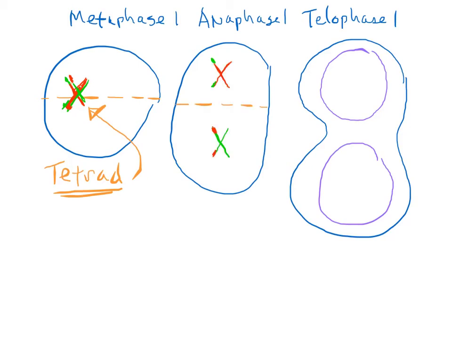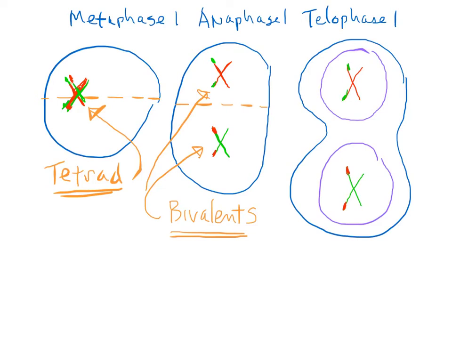So in anaphase 1, the tetrad separates, and you can see the red sister pair with the green add-ons is going one way, and the green sister pair with the red add-ons is going another way. They are now referred to as bivalents.